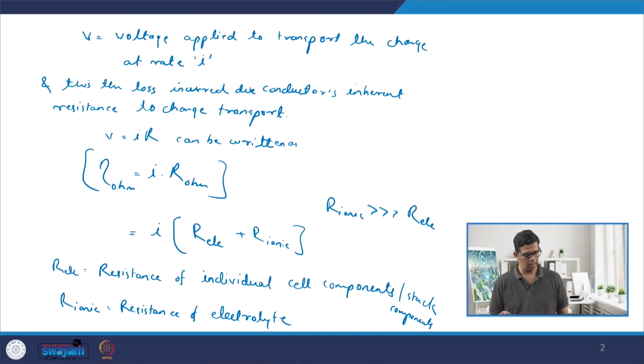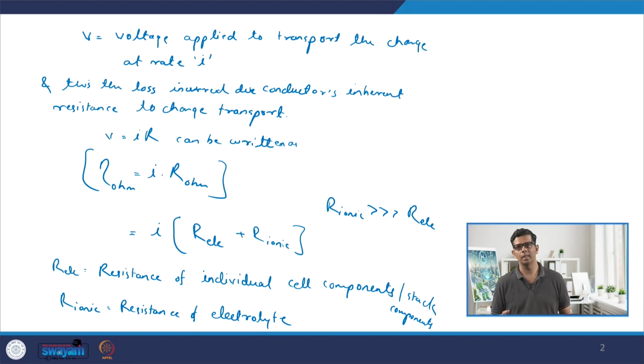And this R ohmic is predominantly the sum of the electrical resistances of the individual cell components. For example, it can be the sum of the resistances offered by the electrodes, the bipolar plates or the current collectors together, plus the ionic resistance, in other words the resistance offered by the electrolyte to transfer protons from one side to the other.